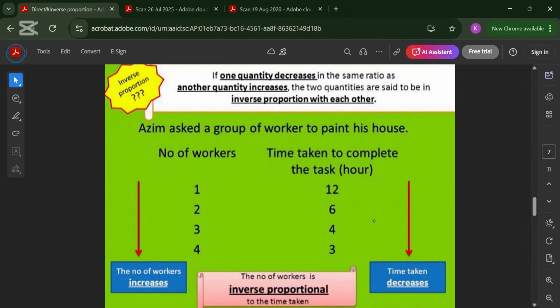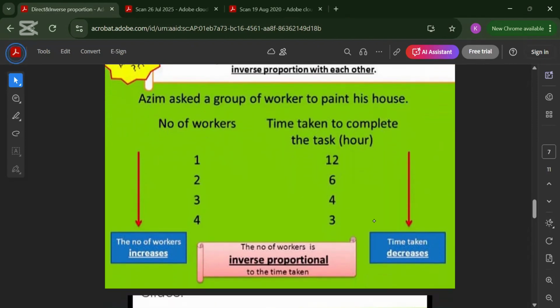If one worker is taking 12 hours, and the number of workers is increased for the same house to be painted, the time is going to reduce. Similarly, as more workers are added, the time is decreasing. So this kind of proportion, where one quantity increases and the other decreases as a result, we say is an inverse proportion.